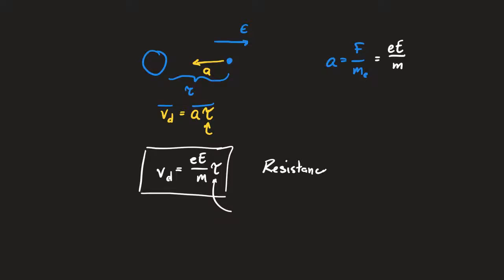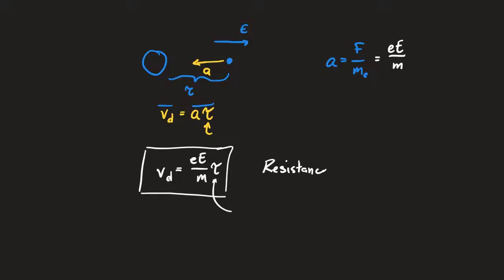Then in a wire, the reason why we don't get a higher drift velocity is because of all these collisions. The more collisions there are, the more difficult it is to pass an electron through the wire. So when we consider T, the smaller T is, we know the smaller the velocity is going to be as well, but it suggests that the material is not letting electrons pass as easily.